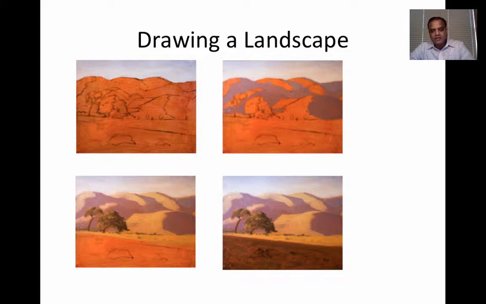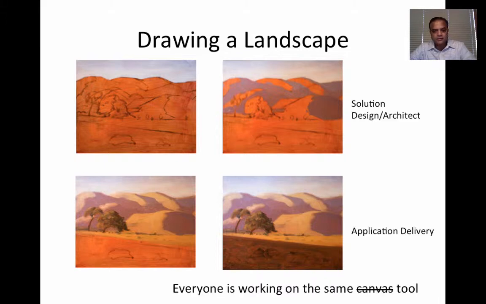If you have defined this as a process, then different people can work in different areas on the same canvas. Using this as an analogy, we can build solutions where solution architects and development engineers are working on the same project artifacts while building a solution.